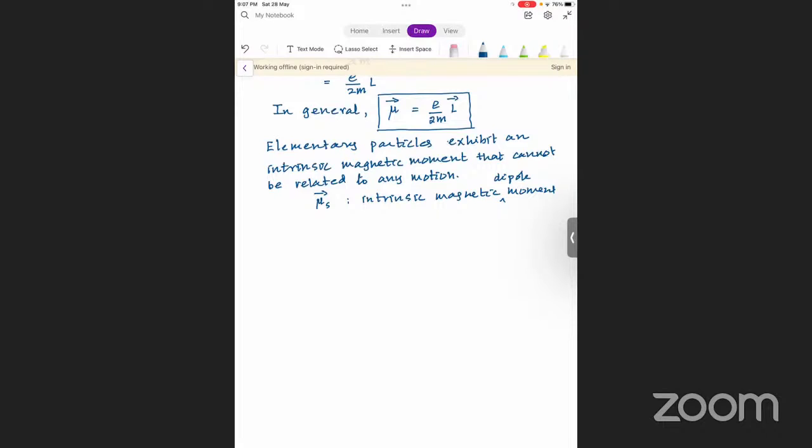This can be known from the way these particles respond to a magnetic field.